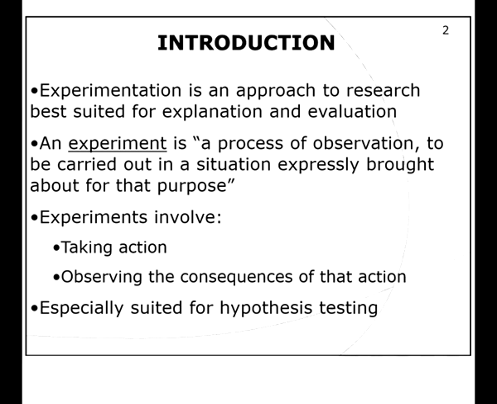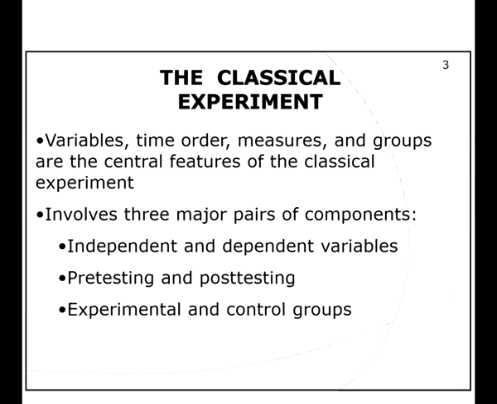But anyway, just to talk about the classical experiment a little bit, you'll have your variables. Of course, they need to be time ordered, so your effect can't happen before your cause. The cause needs to happen first. And there are some other independent or dependent variables which are important. Remember, your independent variable is kind of your cause, the dependent is your effect, and then there's the pre-testing and post-testing.